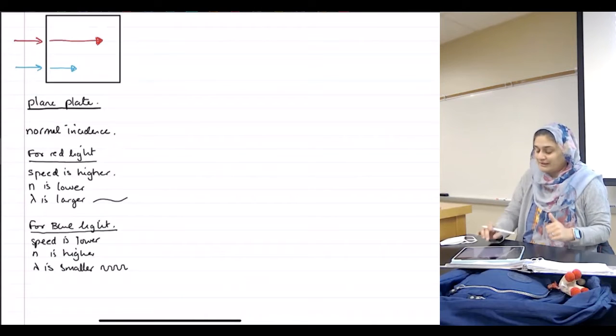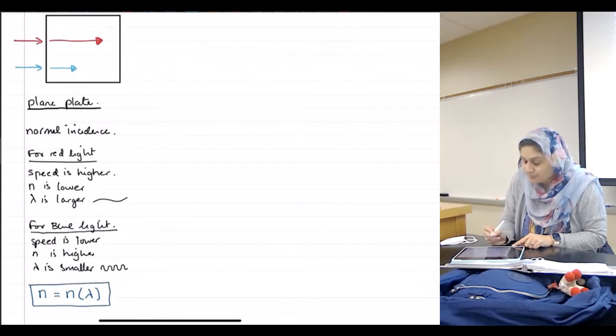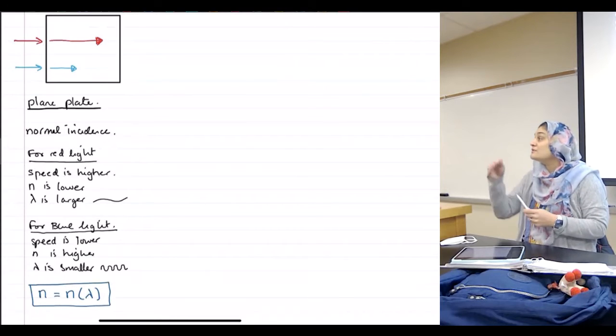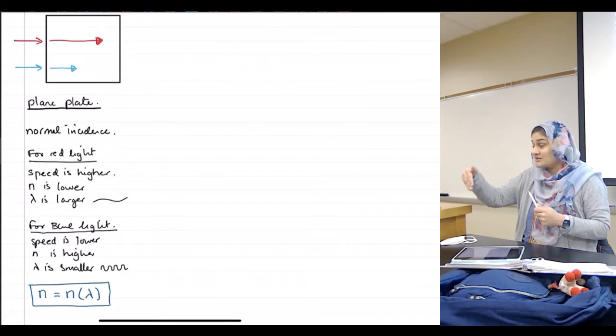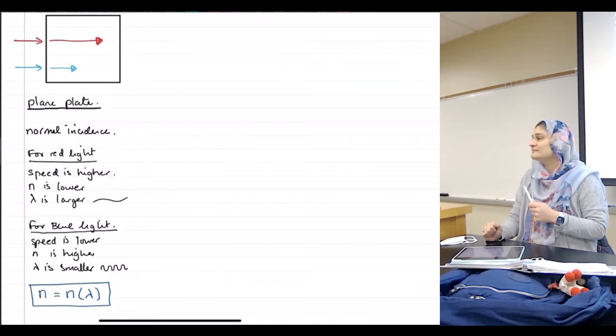And how do I write that in physics? Which is a very profound statement for me to make. The refractive index that a light sees depends on its color.